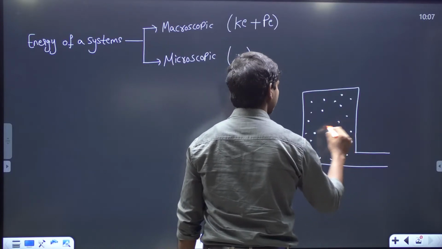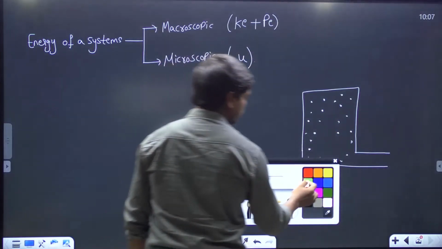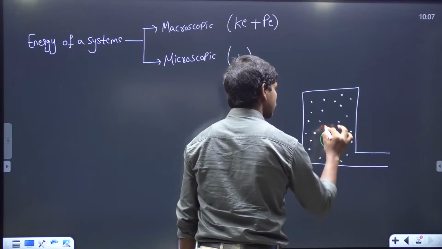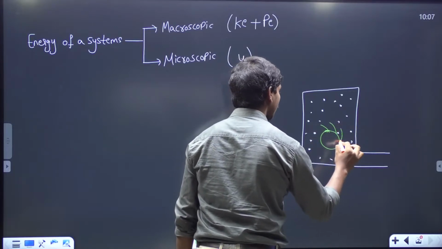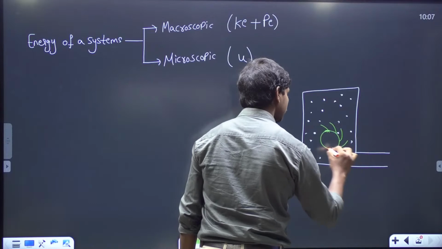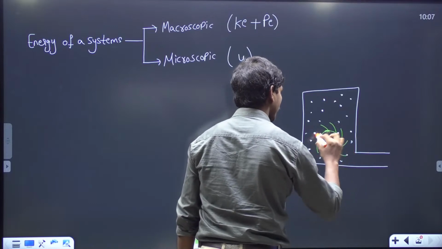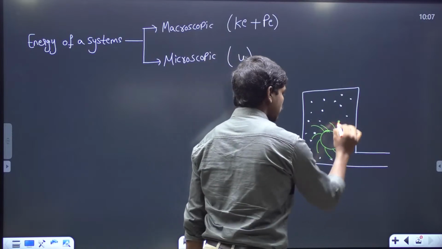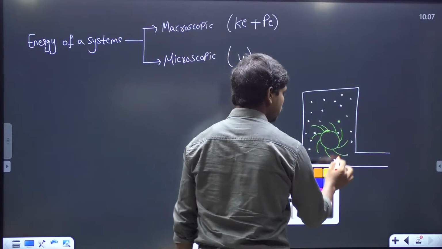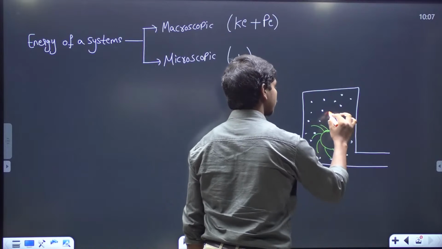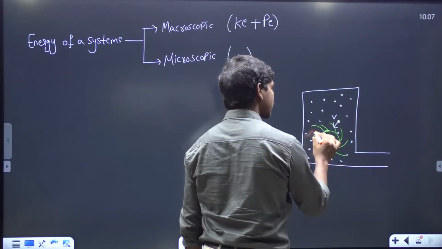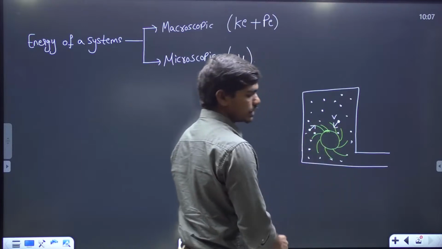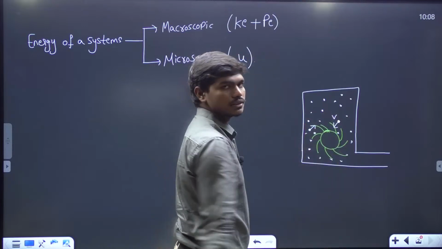Let us try to put a wheel here, or water, something like this. This random motion of molecules doesn't produce any useful work, correct? This is v bar. For example, if a particle moves in this direction, there could be some particle here with velocity in the opposite direction, so the effect gets counterbalanced.